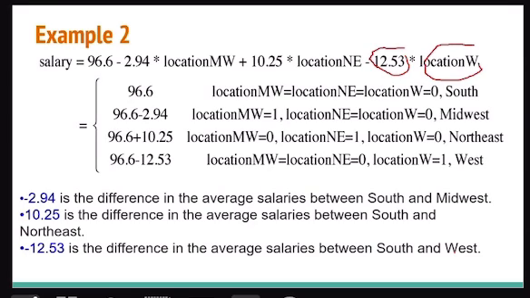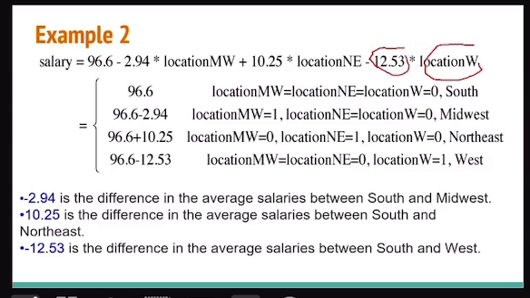Any question? Go ahead. Okay, so if you want to do that, you will reprogram it to say that you're no longer using South. This data assumes the reference is South.